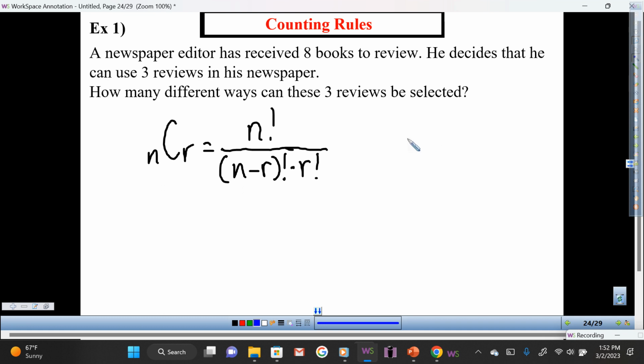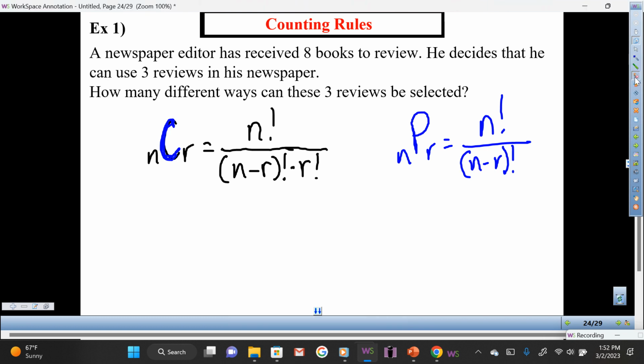JC, give us the permutation rule. nPr equals n factorial over n minus r factorial. All right, so look at it. Does everybody see the difference between that one and that one? Yes? All right, just wanted to point that out.